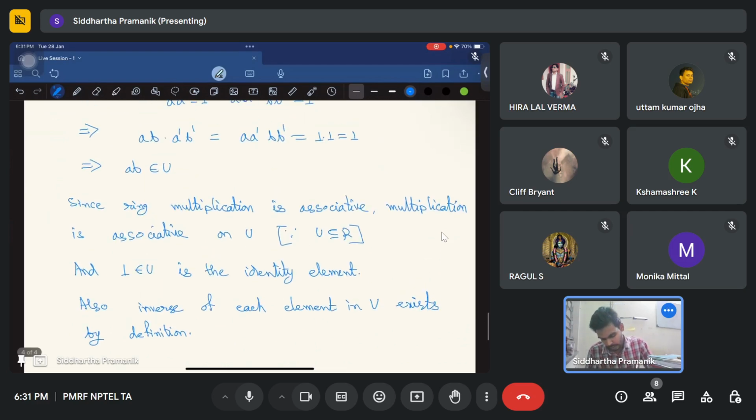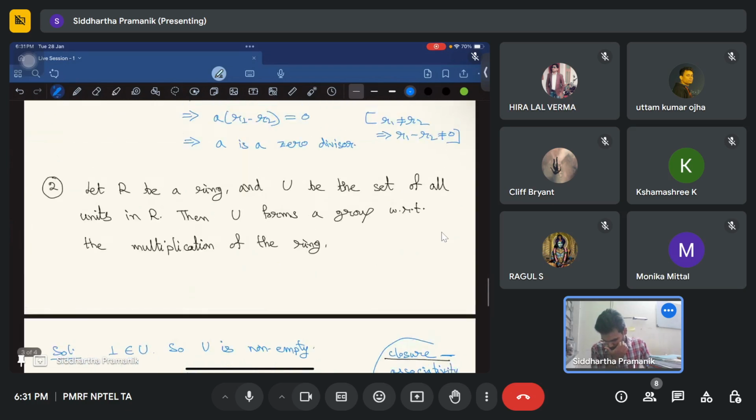Okay, so this forms a group, and in fact this is an abelian group because all our rings are commutative rings. So just keep this thing in your mind. This is not very difficult. I hope you have understood.